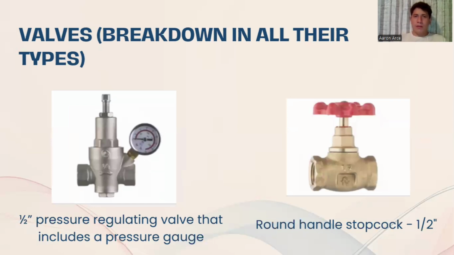Next, valves, their breakdown and types. The pressure regulation valves include the pressure and room handle stock codes. Pressure regulation valves can be made of different materials depending on the specification application.